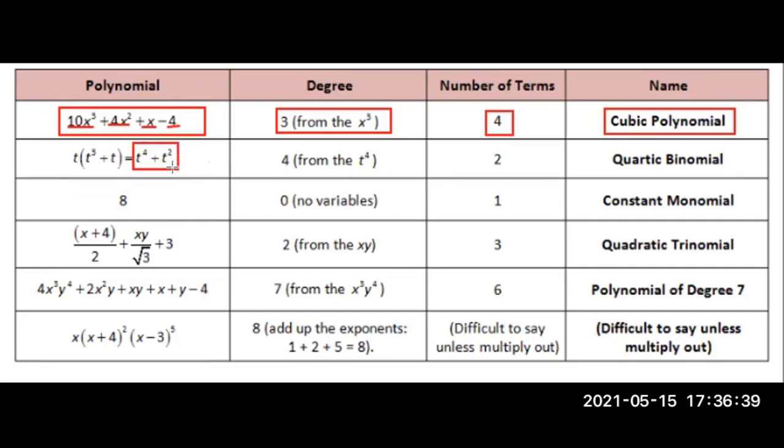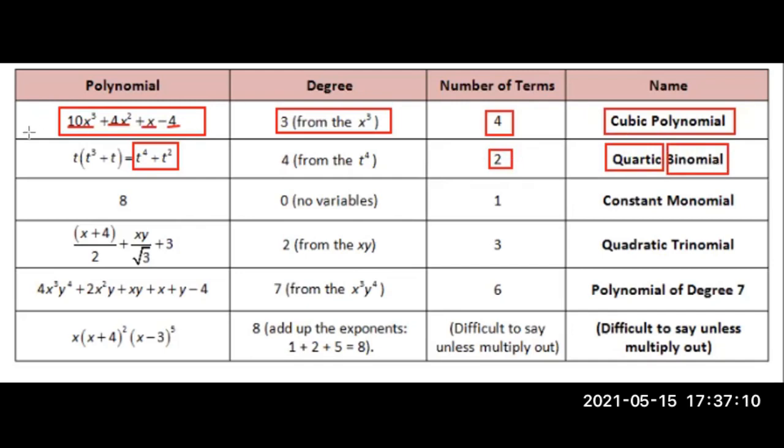So here degree is our 4. Why? Because that one is the highest degree. And number of terms is only 2. One term is t to the power 4 and one term is t square. So for degree 4 we call it quartic, and for 2 terms we call it binomial. That means quartic binomial expression.